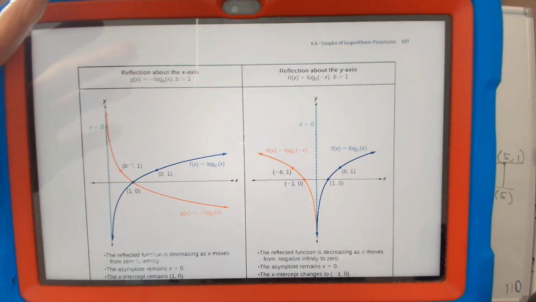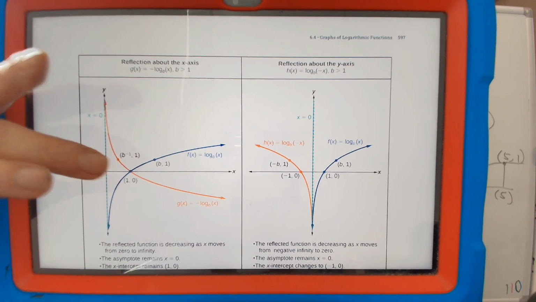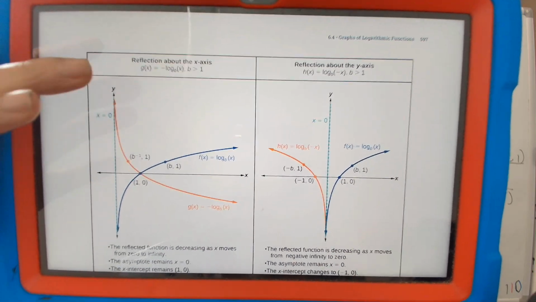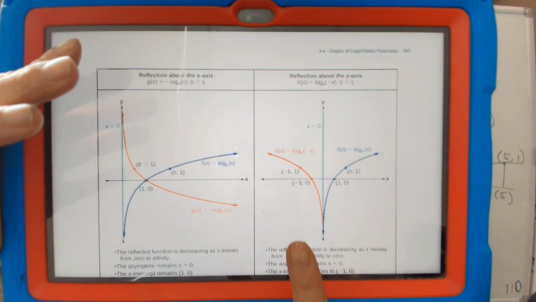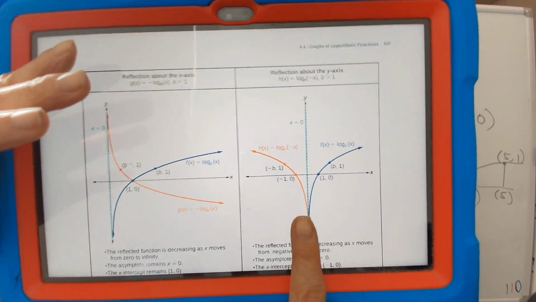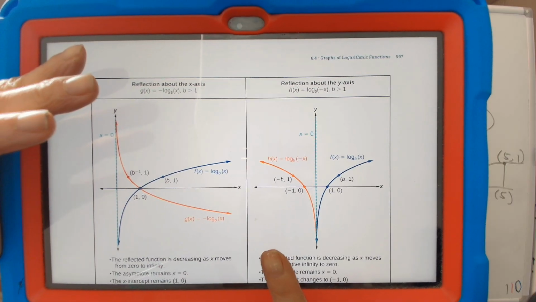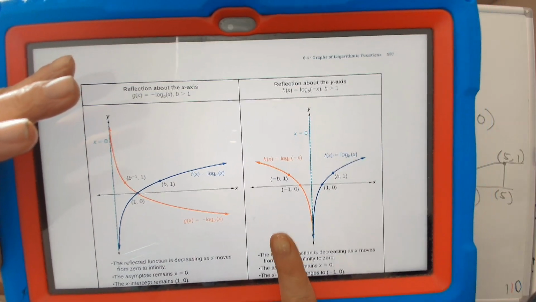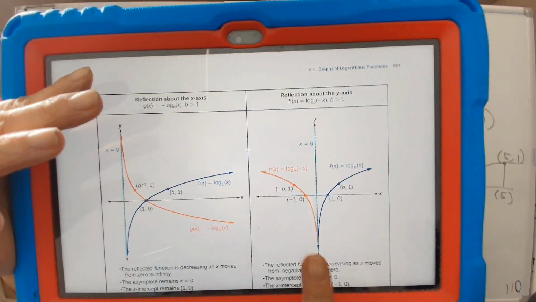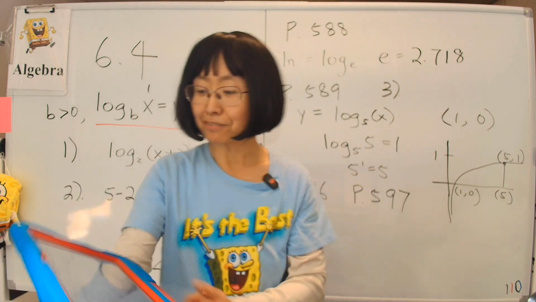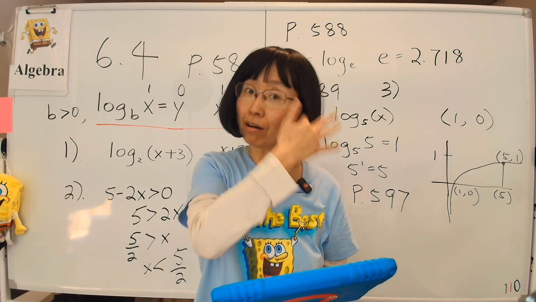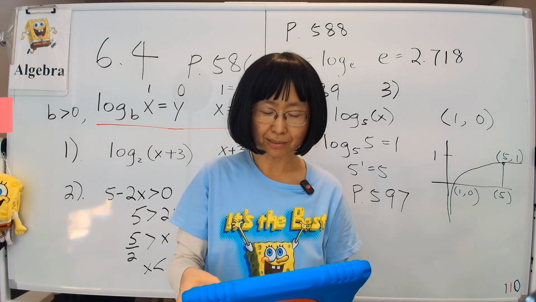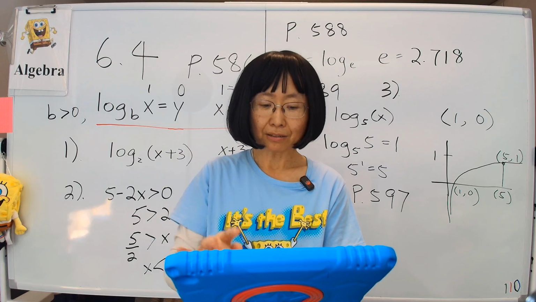So in this case, the range is the same and the asymptote is the same, but the domain got flipped: it goes from 0 to -infinity, whereas the range is still from -infinity to infinity. The graph is on the other side because it got reflected. And that is true for all functions, not just logarithms, but we emphasize it here to get you more familiar with how the logarithm works.